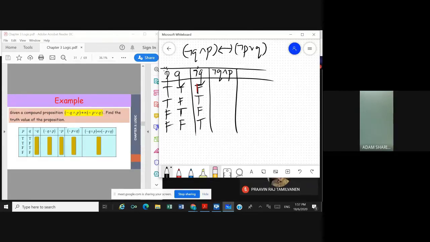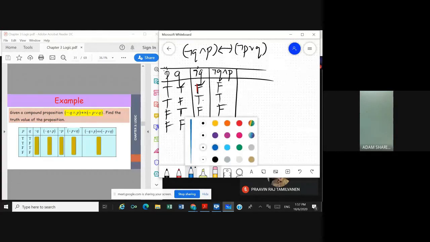So not Q and P: F and T, if you recall from the previous law, is F. T and T is T. F and F is F. And T and F is F. That is how you do it. This part is settled.